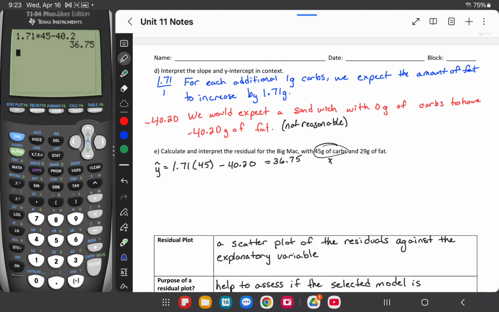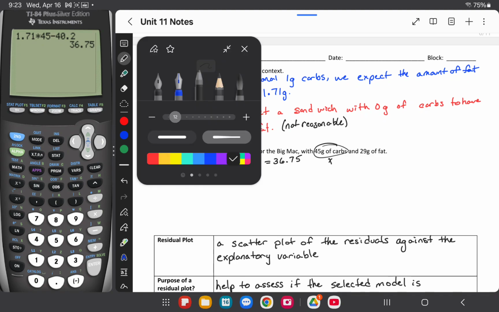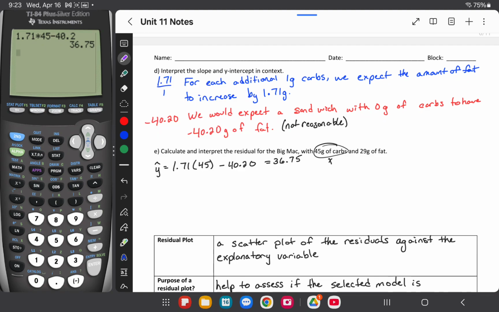We overestimated it. Let's figure out by how much, and that's where we'll calculate our residual. So for the residual, we know that there were 29 grams of fat. So to find our residual, we're going to take that 29 grams of fat minus the 36.75 that was predicted, which is going to be a difference of negative 7.75 for our example.